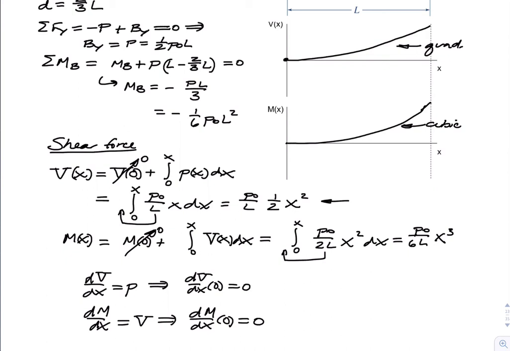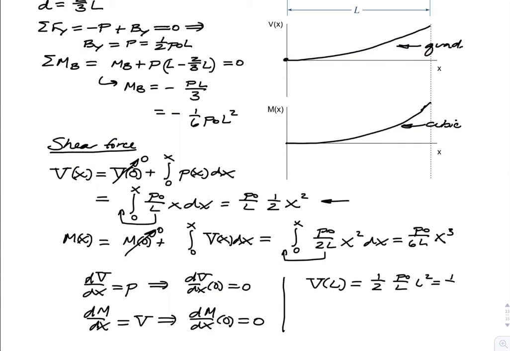And I guess we can check our work here. Let's do some checking here. We know that V at L, according to our equation, is going to be equal to 1/2 P naught over L times L squared.